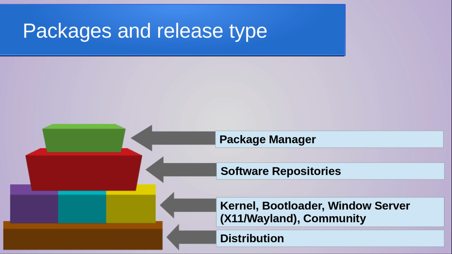In Arch and Manjaro, you're going to use pacman. In Solus, they have EOPKG, I don't remember what the actual name is. And then Gentoo has, it starts with a P, I can't think of it right now. So that dictates how you're going to use it.